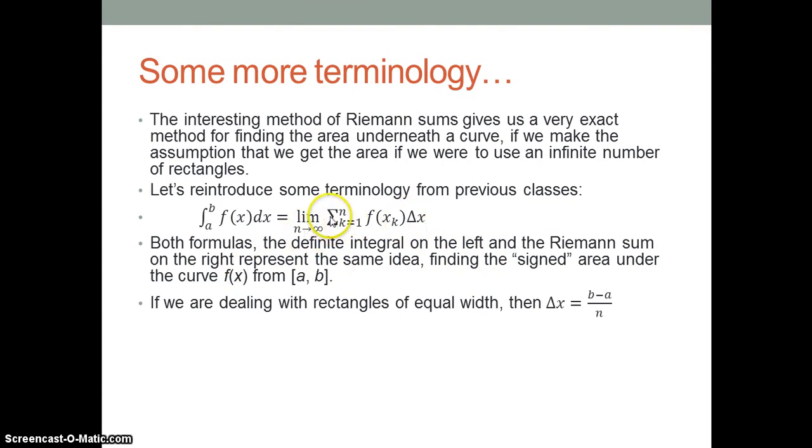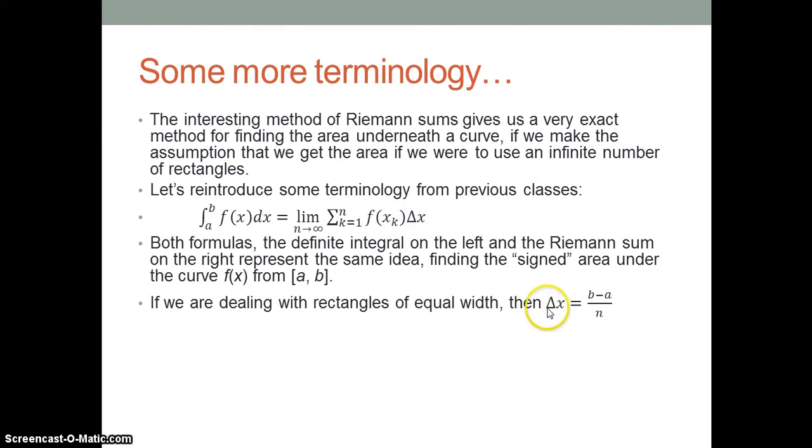The connection is this sigma becomes the integral sign right here. The a and b aren't represented anywhere specifically in this particular formula, but they do show up when we find this delta x, this change in x, which typically we keep as the same amount for each rectangle.